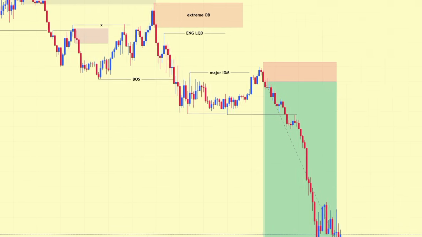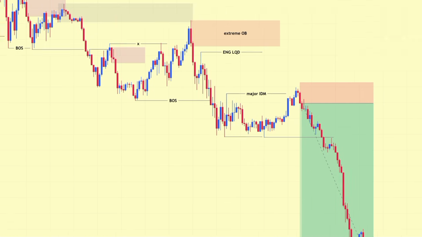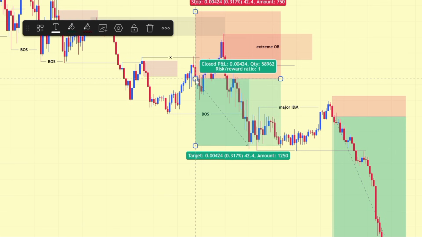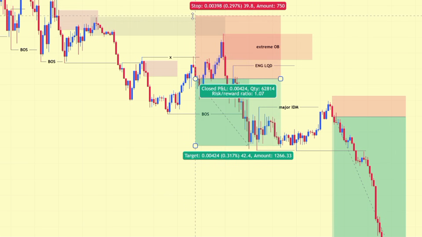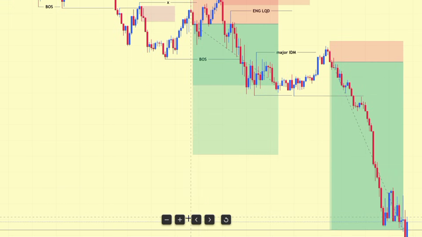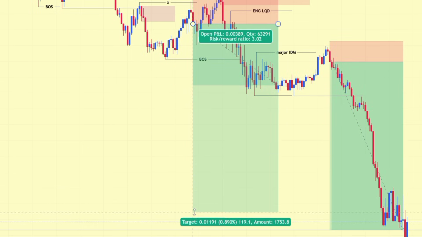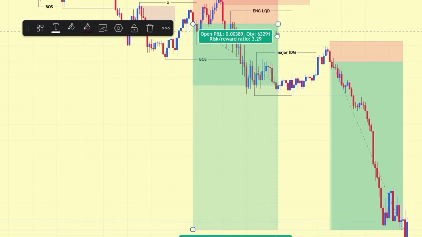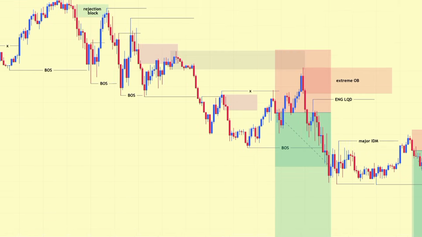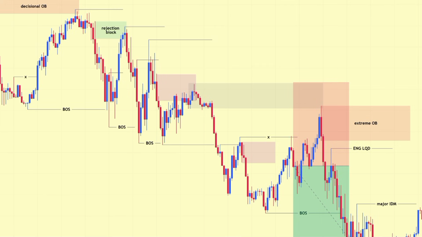And guys, those are actually what I was talking about. Those entries. Yeah, so if I am to do this, you can clearly see that was our entry. Of course, stop loss above that high, targeting that external low, which is this one here.